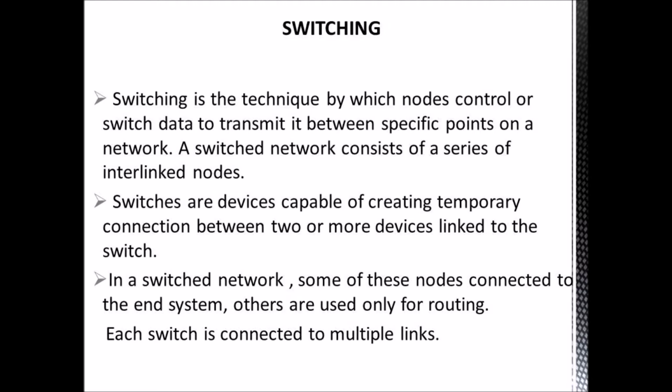Switches are devices capable of creating temporary connection between two or more devices linked to the switch. In a switched network, some of these nodes are connected to the end system, others are used only for routing. Each switch is connected to multiple links.